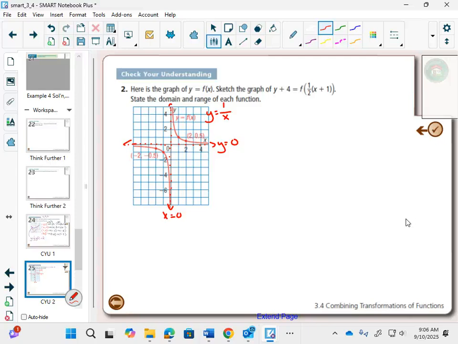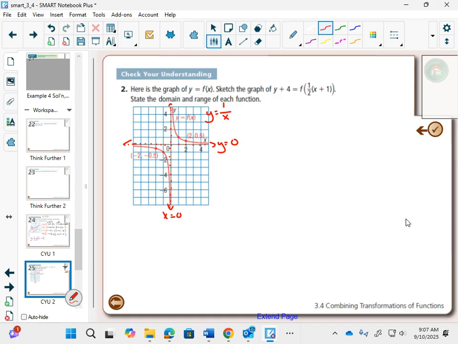They said, here's a function, f of x. Could be anything, but we know what it is. And we want to sketch the graph of y plus 4 equals f of 1/2 x plus 1. So first thing, I notice it's in the factored form. That's going to be a thing that I always check.